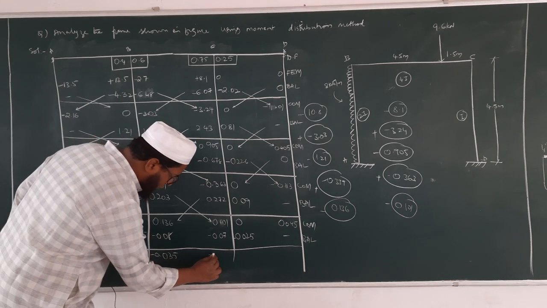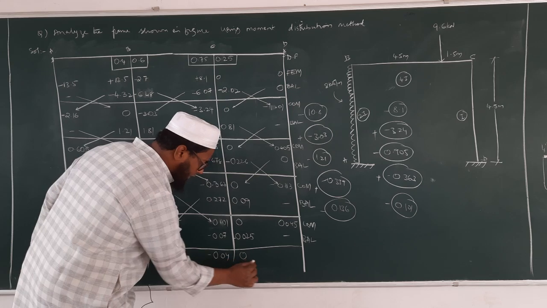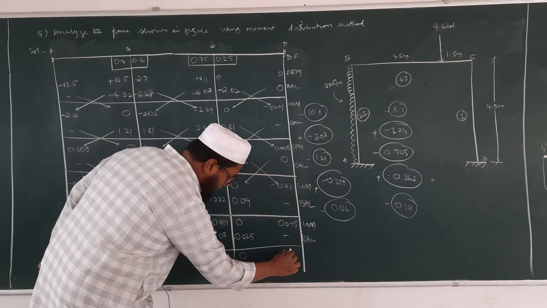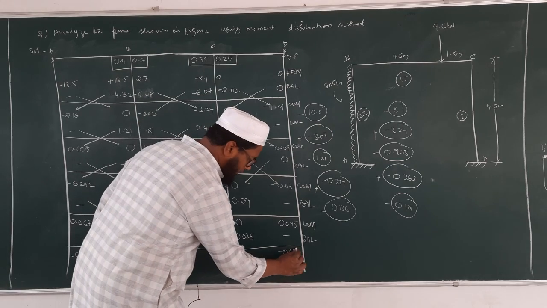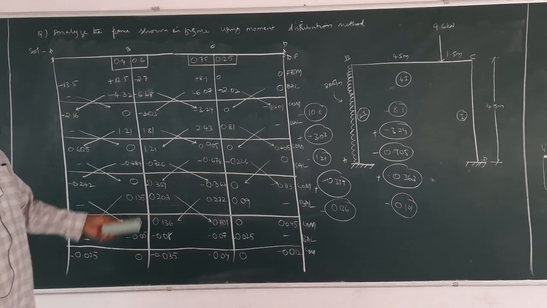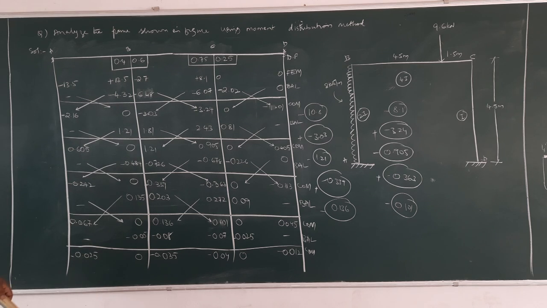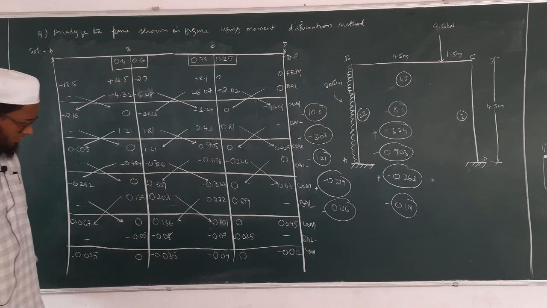This is minus 0.04. This is 0 and minus 0.012. 12 will write. Okay, now you add all these values. Where? 375.